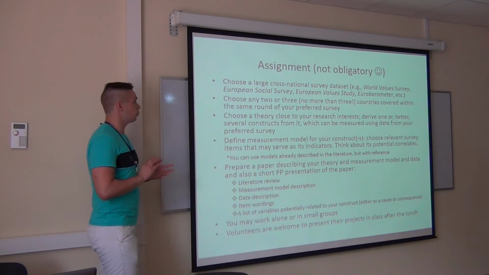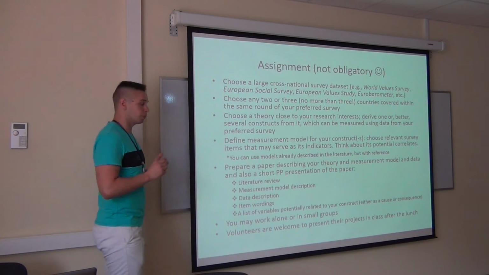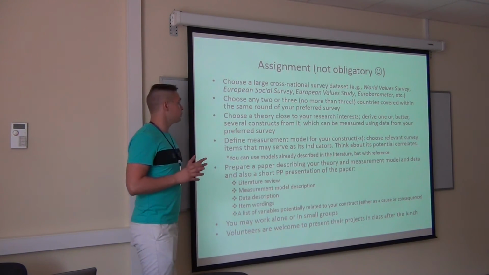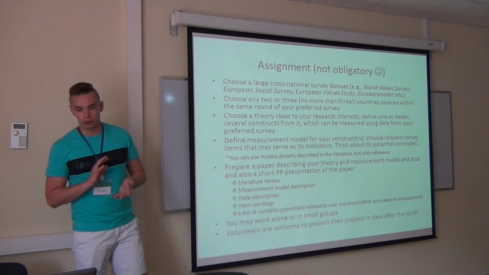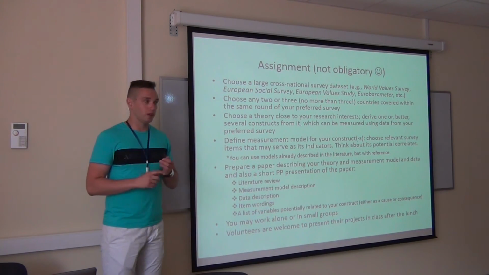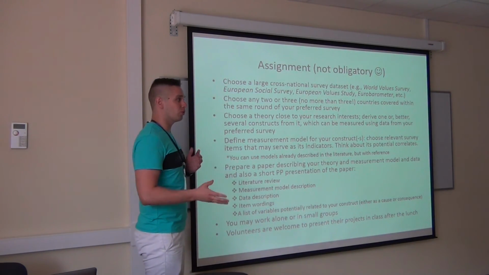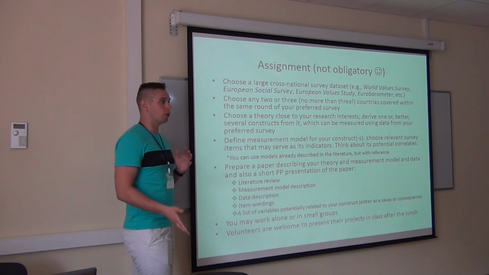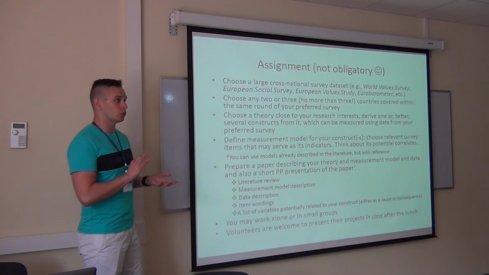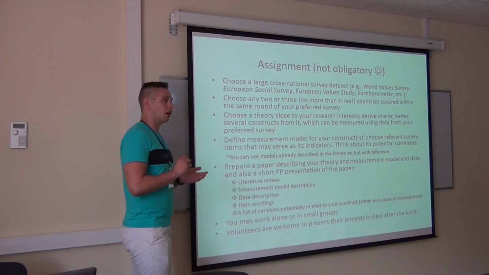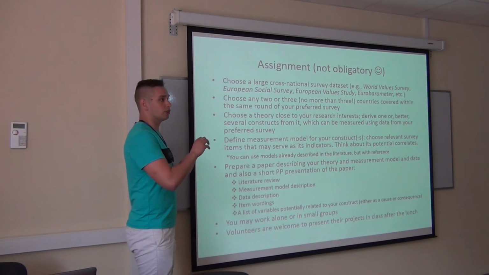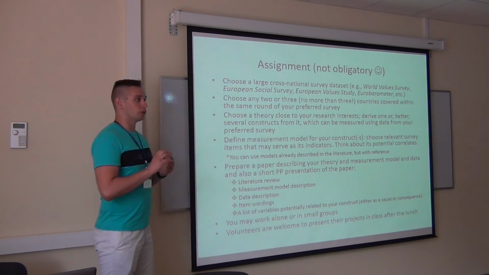So I would like that all of you, either you will work individually or in group, choose a large cross-national survey data set. A few examples include World Value Survey, Eurobarometer, and so on. Actually, you can use any data, but it is important that this data includes some grouping variable.